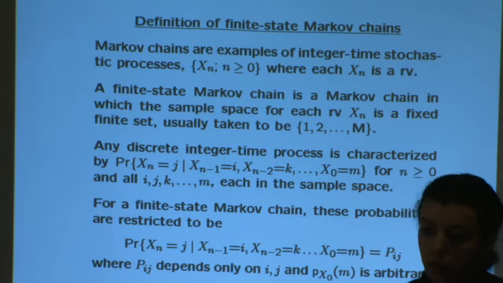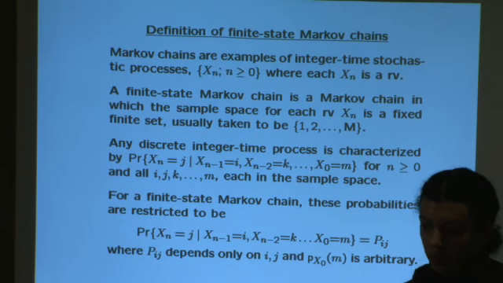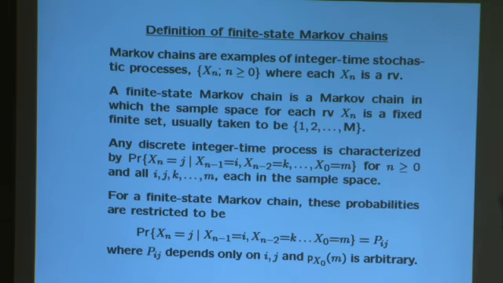In this chapter, we only talk about finite state Markov chains. Markov chains are processes that change in integer time instants. It's like we are quantizing time, and any kind of change can happen only in integer time instants.